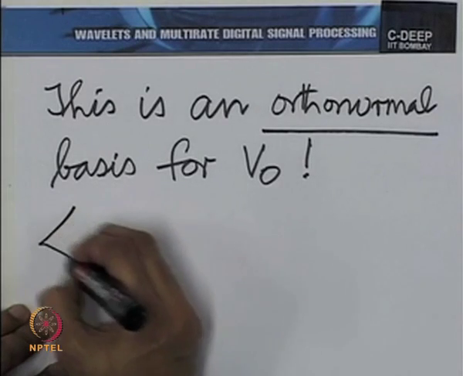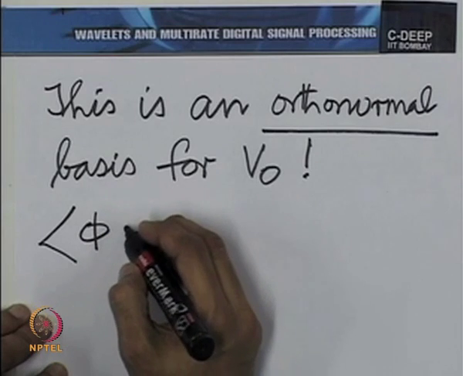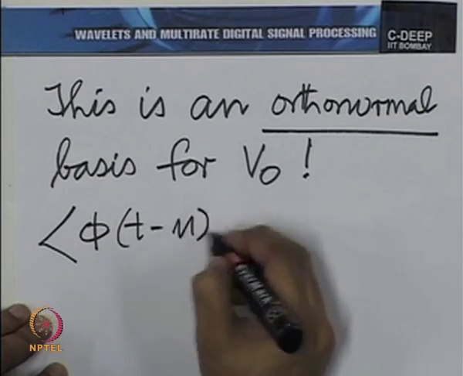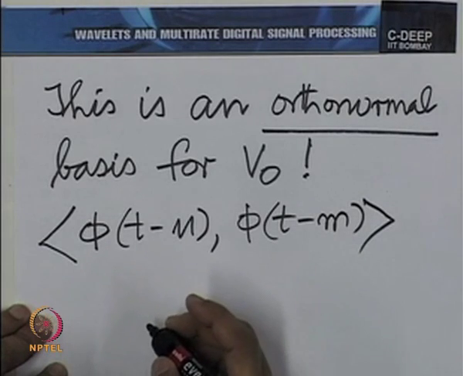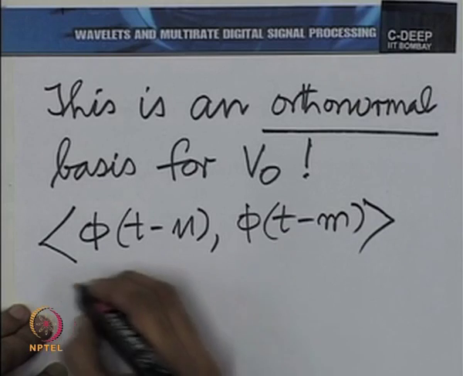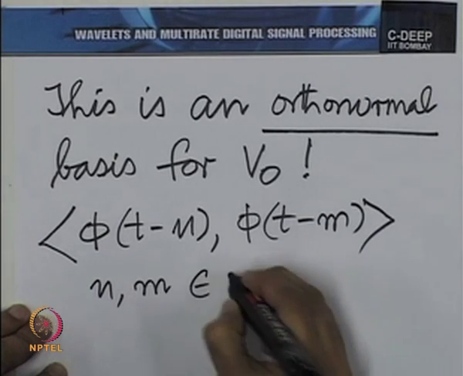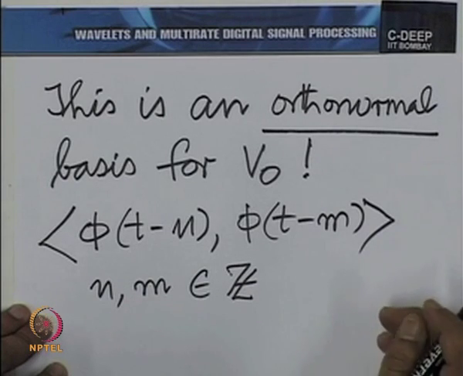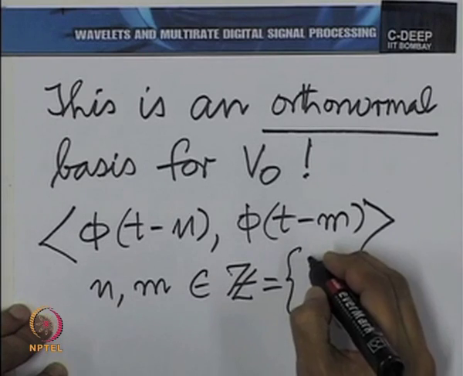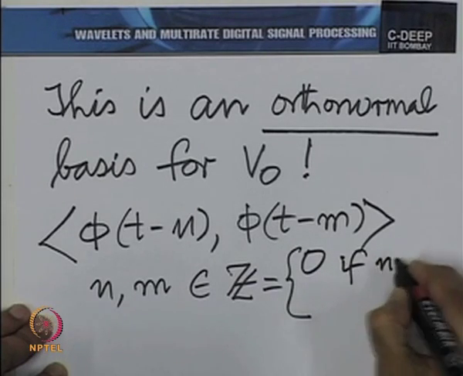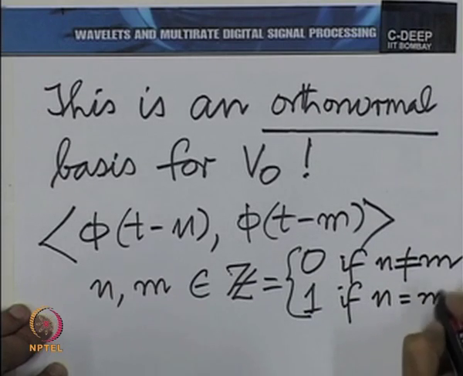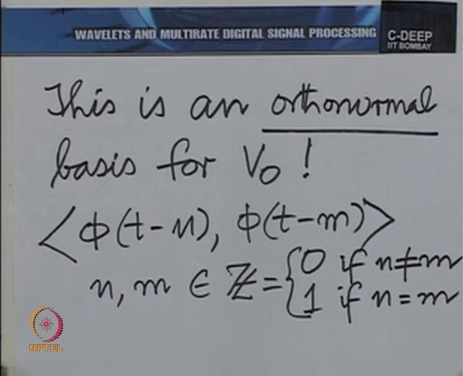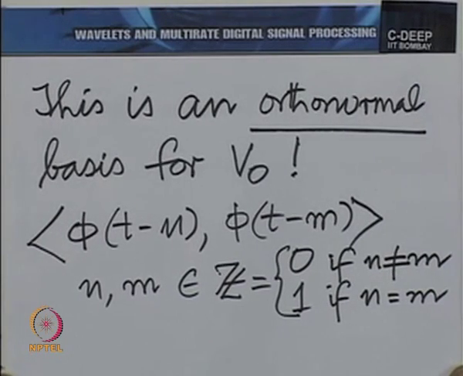If I take the dot product of two of them, phi of t minus n and phi of t minus m, for any two integers n and m belonging to the set of integers, then this dot product is equal to 0 if n is not equal to m, and 1 if n is equal to m. It is very easy to check. It does not require too much working to prove this, and I leave it as an exercise for you to show.